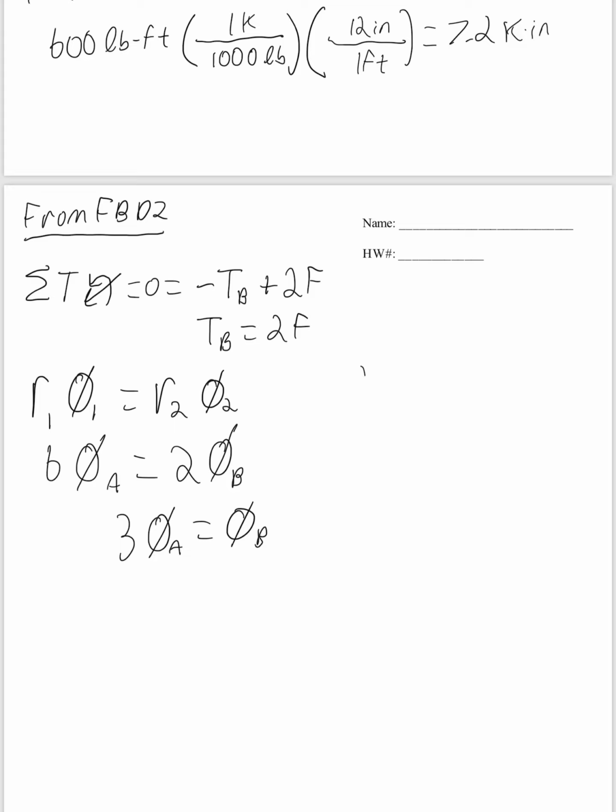We're given the equation for angle of twist equals TL over JG. That assumes that we do not yield. So once we're done with this, we'll have to prove that we don't yield to make sure our results are valid.